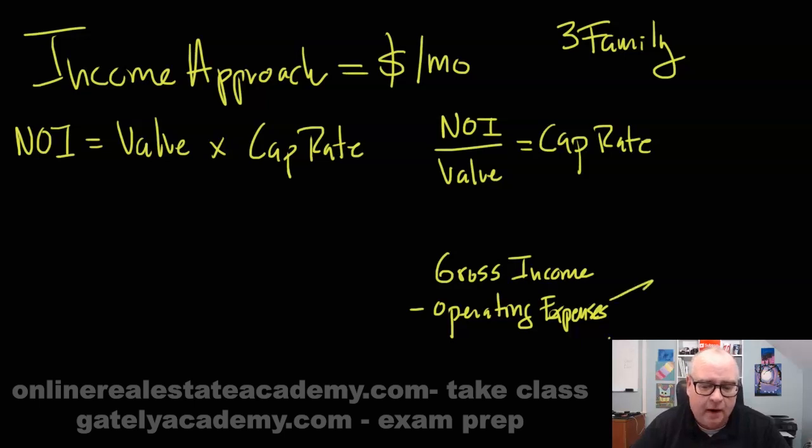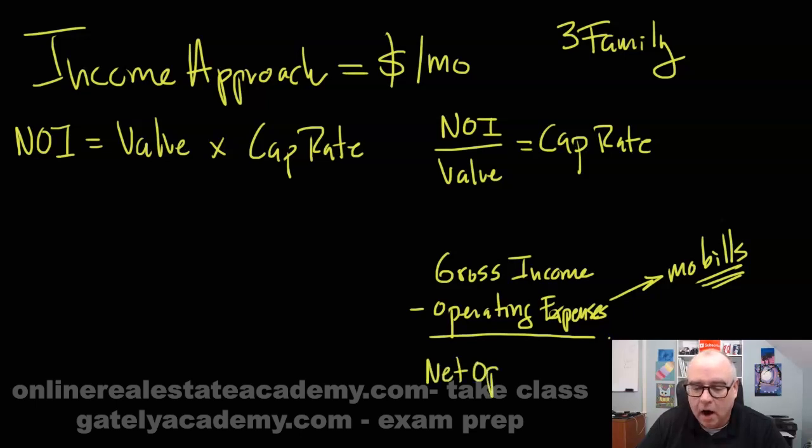You might want to write that down. Operating expenses are monthly bills. And that is going to get you your net operating income. You might want to write that down. Your net operating income. You're probably going to want to know how to factor that for the exam. You should memorize this formula too.